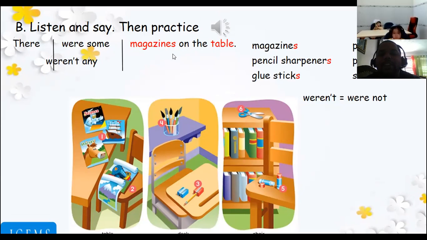Okay, let's say it again one more time. There were, there were magazines on the table. Okay, so let's continue.